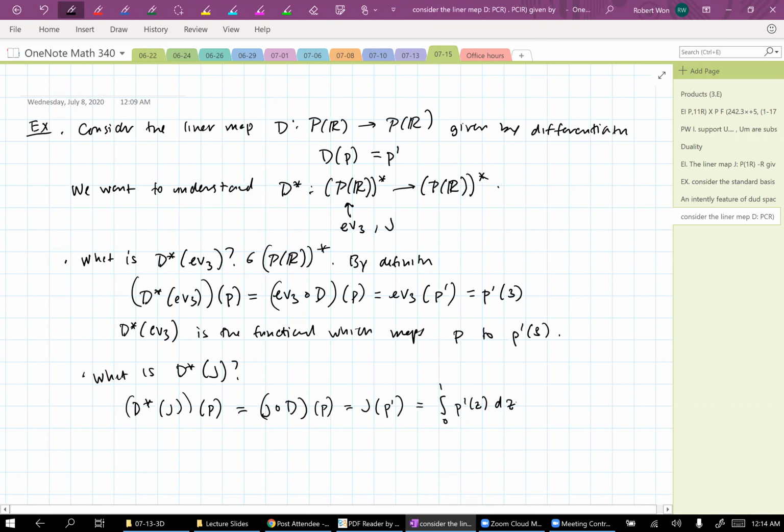This is a polynomial, everything in sight is infinitely differentiable, etc. By the fundamental theorem of calculus, this is P of 1 minus P of 0. Which means that what D dual does to the functional J is it gives you the functional that maps P to P of 1 minus P of 0.